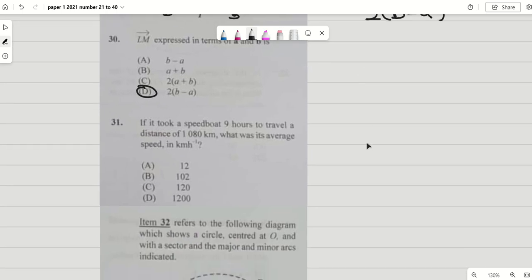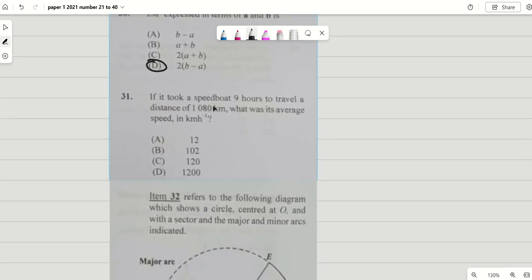Number 31. If it took a speedboat 9 hours to travel a distance of 1080 kilometers, what is the average speed? We know average speed is distance over time, so that's 1080 divided by 9. First off, guys, this is kilometers per hour.